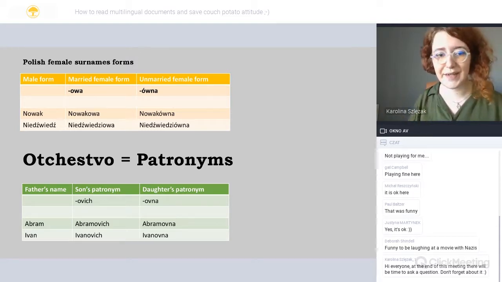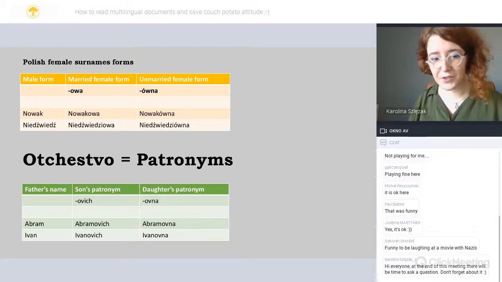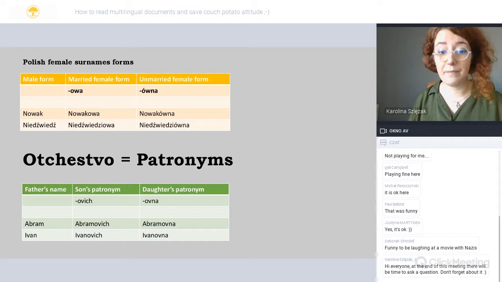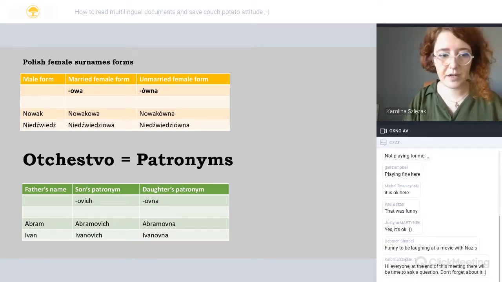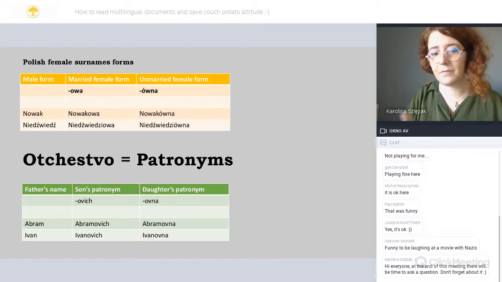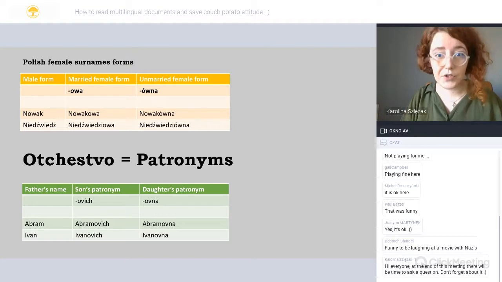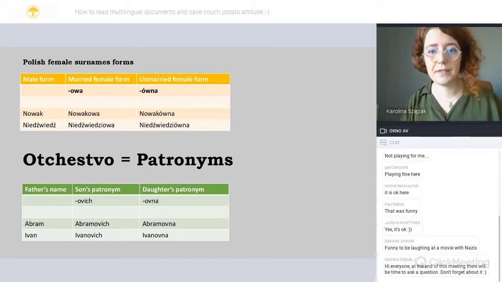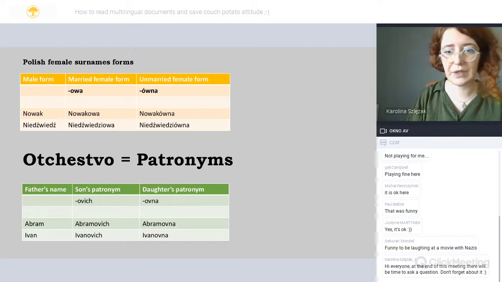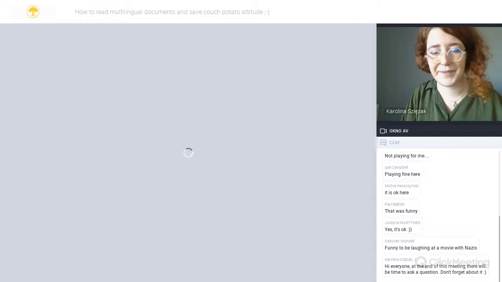When there is a lady, Abram's daughter, she will be Abramovna. This is similar to Ivan Ivanovich, and for a daughter of Ivan, Ivanovna, and so on. So we just need to pay attention to the suffixes that are telling us about the person.